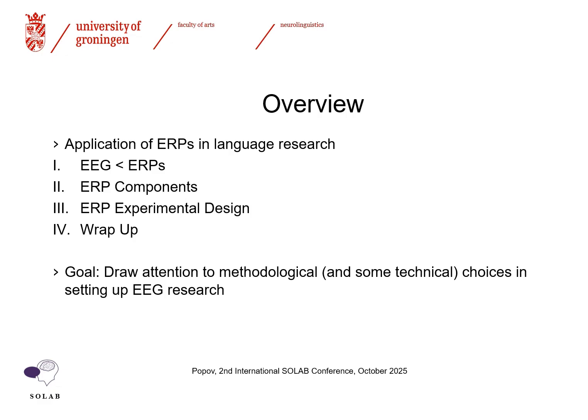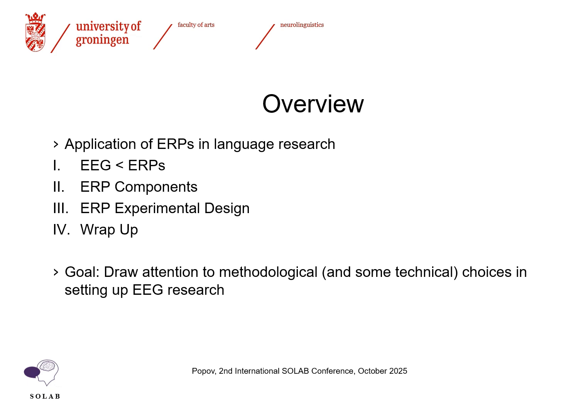So the talk is going to be organized in the following way. I will tell you a tiny bit of electroencephalography in general, a very, very tiny bit. Mind you, I am a linguist, I'm not a physicist or an engineer. I've picked up a couple of things during my PhD and also my research career, but I will try not to talk a lot about things that I actually don't know much about.